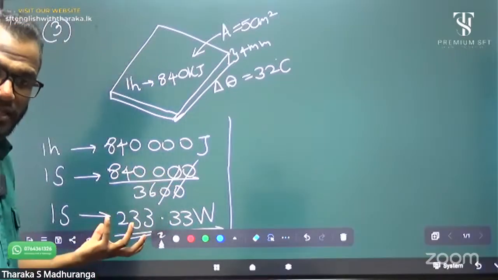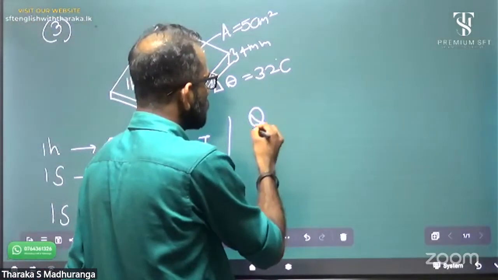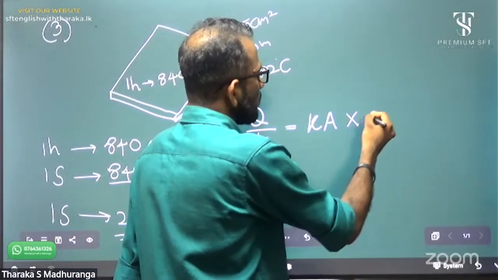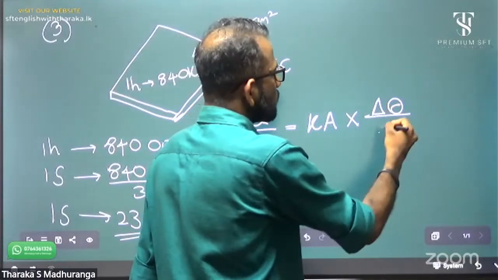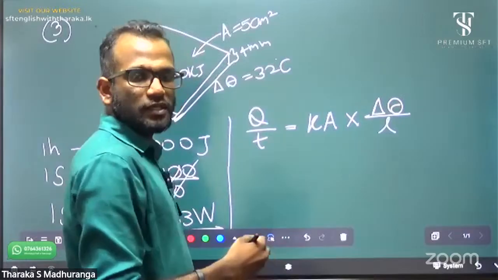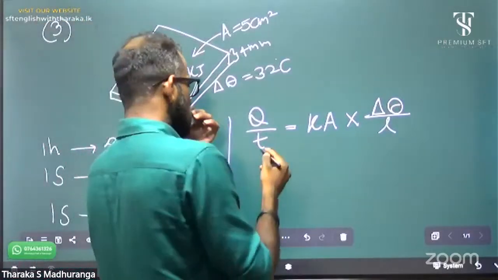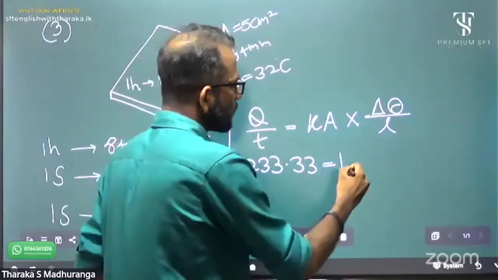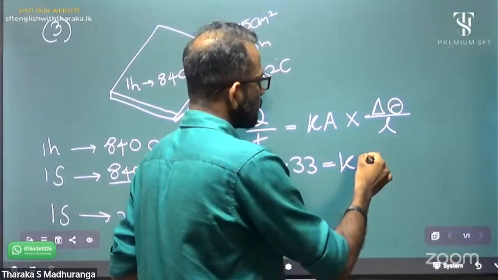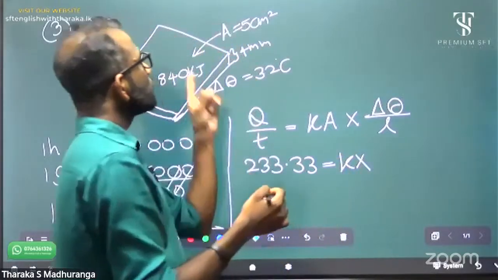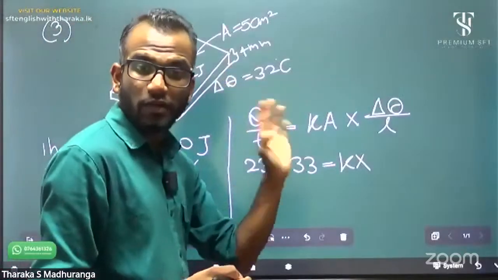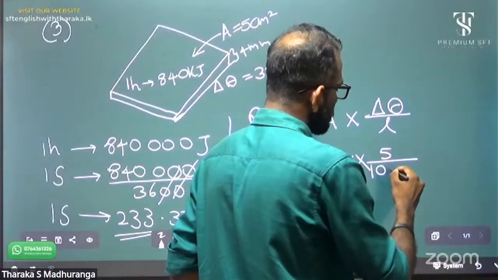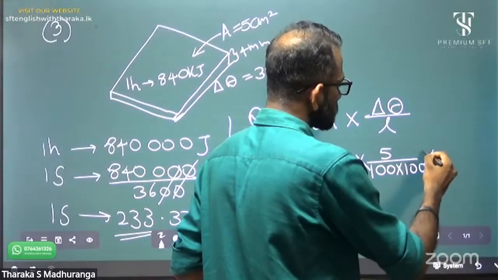This is the thermal conduction rate. Thermal conduction rate Q over T equals K A delta theta over L. This is our common equation, right? Q over T is 233.33, equal to K, which we don't know, times A, the cross section area, 5 square centimeter. You have to convert it into square meter, 5 divided by 100 into 100.